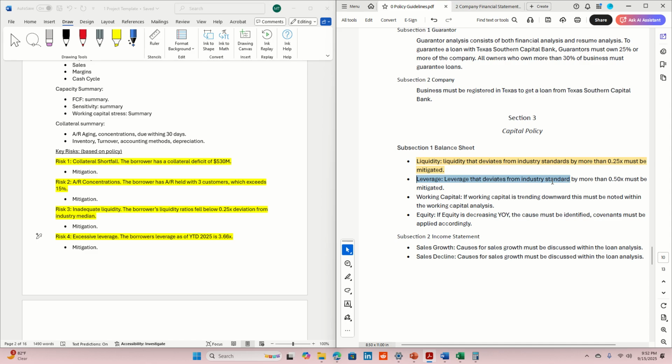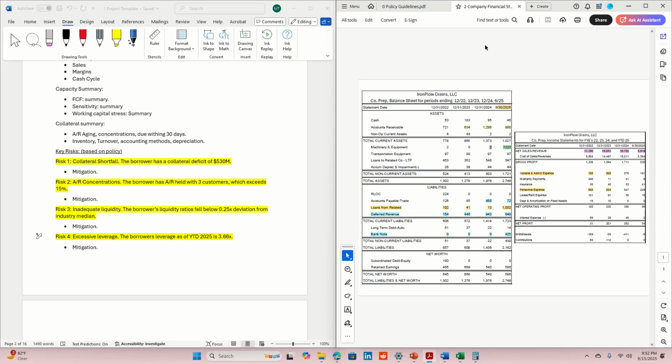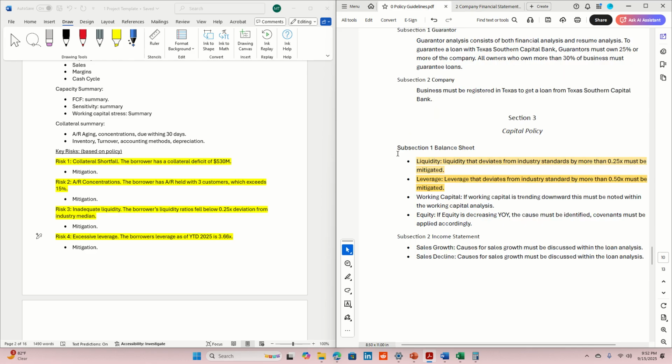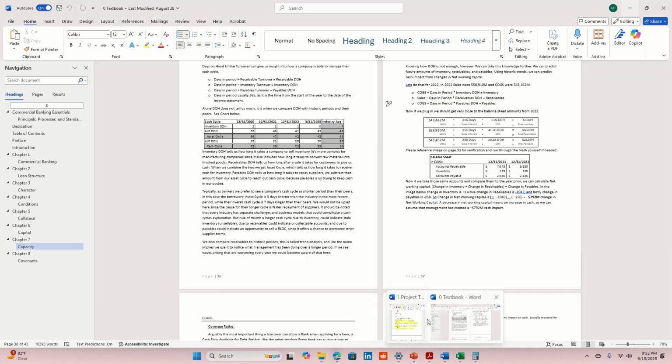Leverage that deviates from the industry standard more than 0.5x must be mitigated. So remember, this company's leverage deviates way more than 0.5, way more.